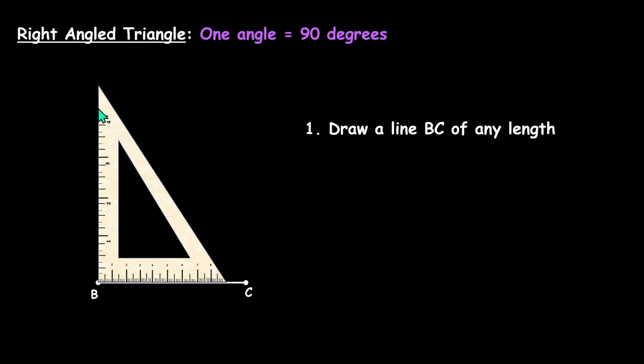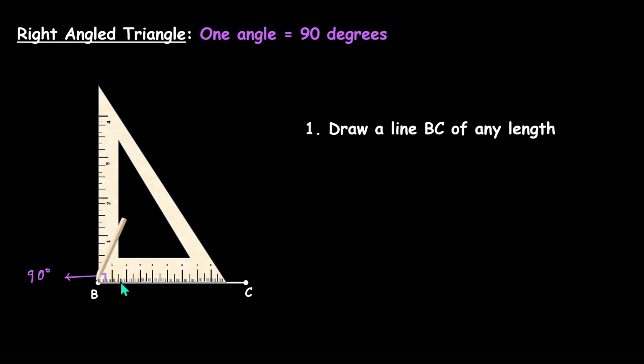So we have to place a set square such that this part of the set square is perpendicular to our original line. So we have placed it like that, and as you can see, this is a sign of perpendicular. So this shows that it's 90 degrees, and now all we have to do is trace a line upwards so that the required line is perpendicular to the original line, right?